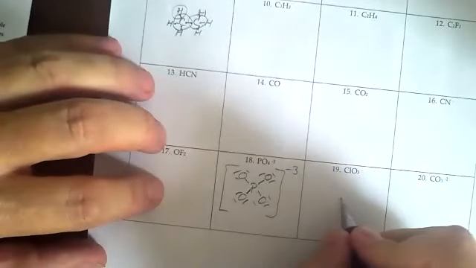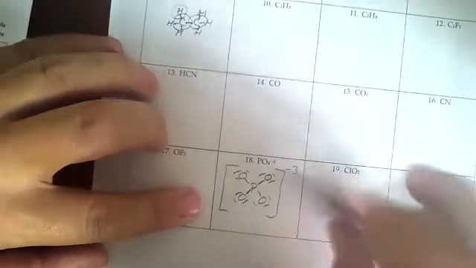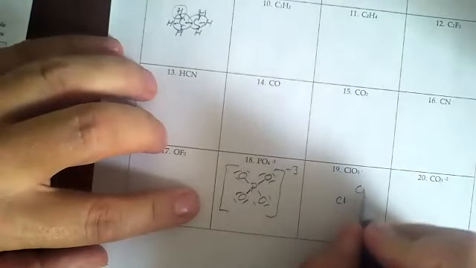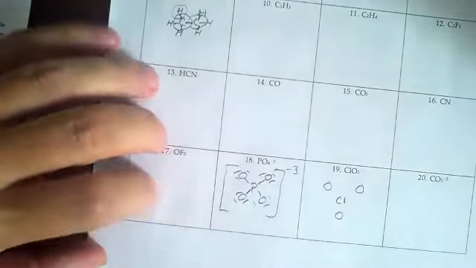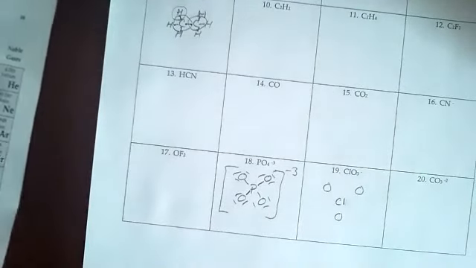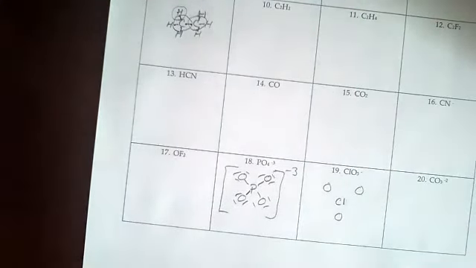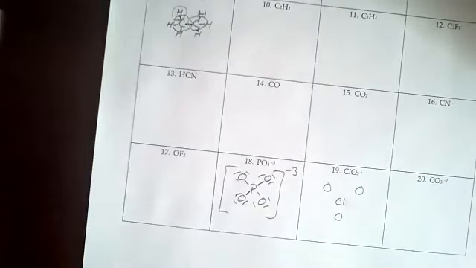I take the single chlorine, I put it in the middle. And I put the O's around the outside.